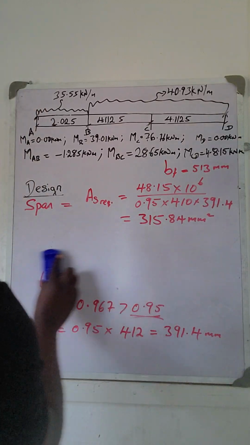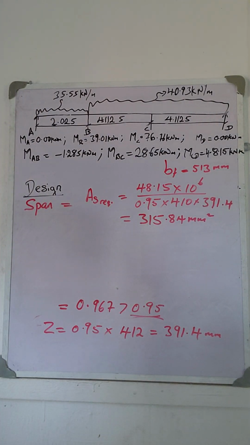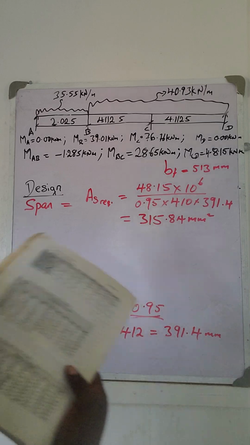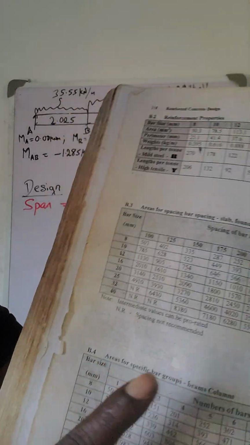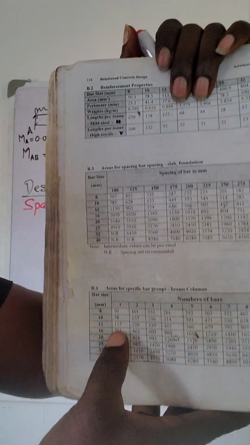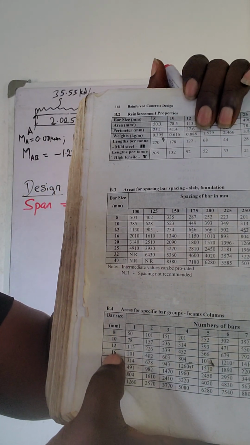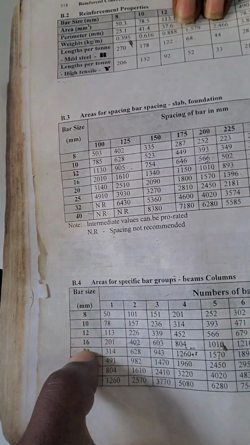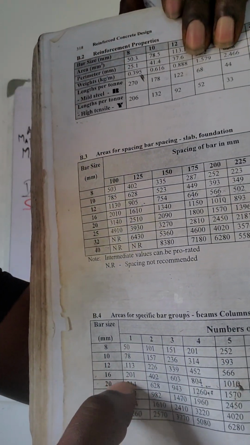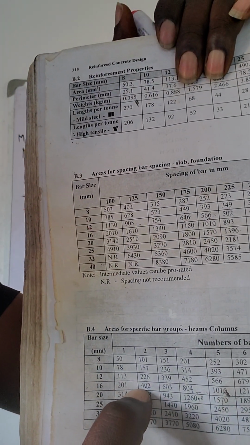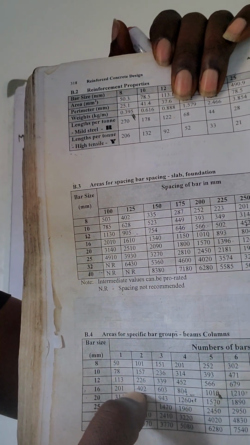So here we are going to provide, let me go to the table. All right, so here we are going to provide, the area is 315.84. So we're going to go to Y16, trace it down where we have 402, which is greater than 315.